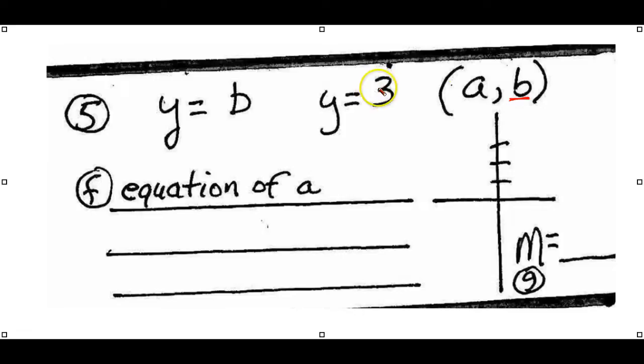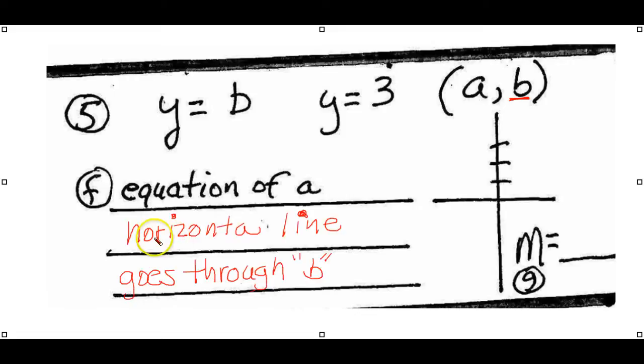So our 3 here is our b value, which is what y is. And this is a special equation of a horizontal line, a horizontal line that goes through the y-intercept, which is 3. So you put a dot at your y-intercept, and a dot anywhere else on the same line, and it makes a nice horizontal line.